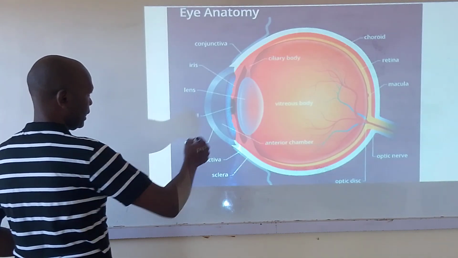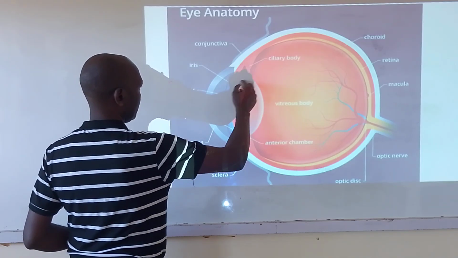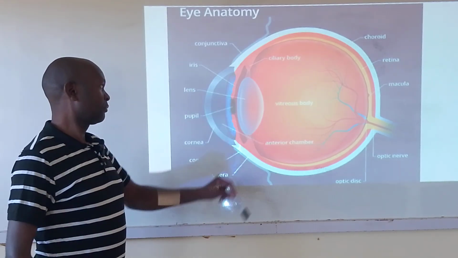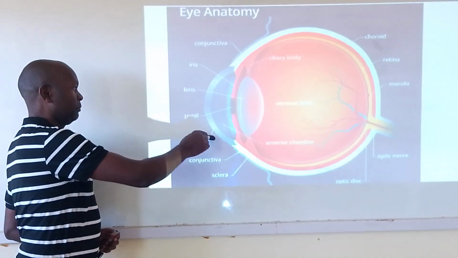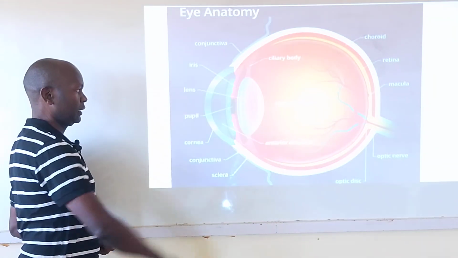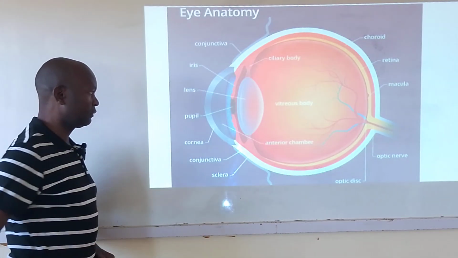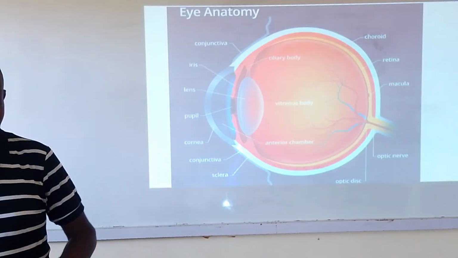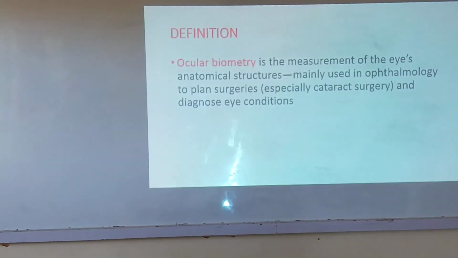For example, if this lens becomes opacified, then you will not be able to see. Or if you have any opacification on the cornea as well, light will not go through, and therefore you will not be able to see. So we normally use this structure for reference and explanation of some issues related to the eye.